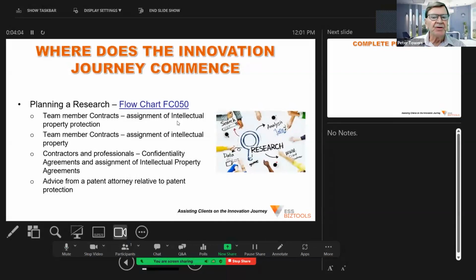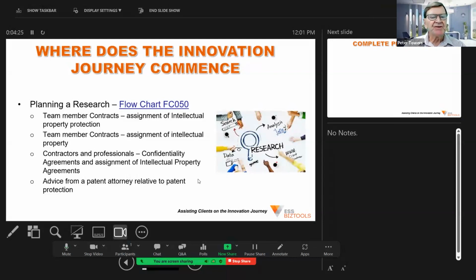Within your system, you can reflect on flowchart FCO 50 within the research and development component, which highlights how the system works for research and development.